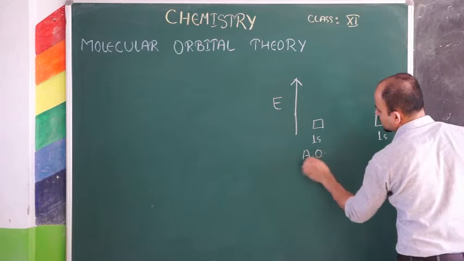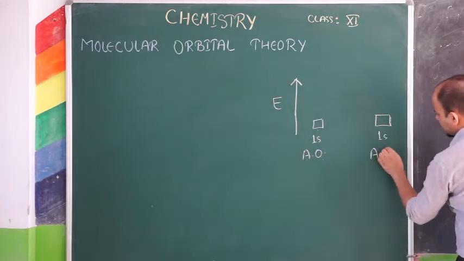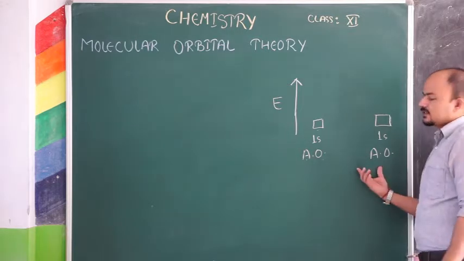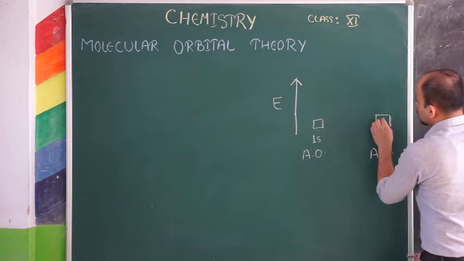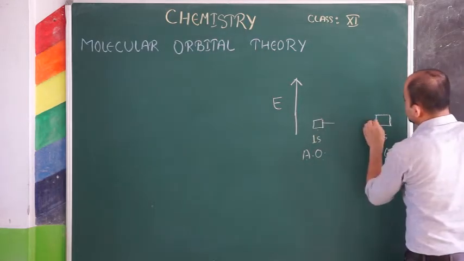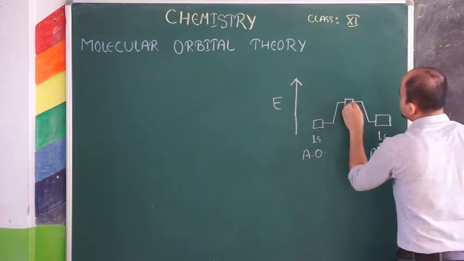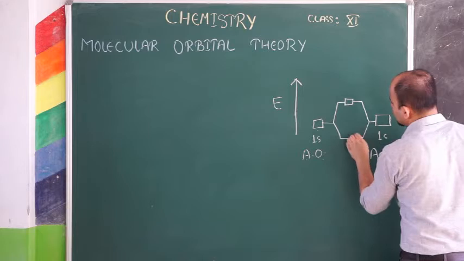AO means atomic orbital. This is one atomic orbital of an atom, and this is another atomic orbital of another atom. If they combine to form molecular orbitals, then 1 plus 1, you will get 2 molecular orbitals, one having higher energy and the other having lower energy.